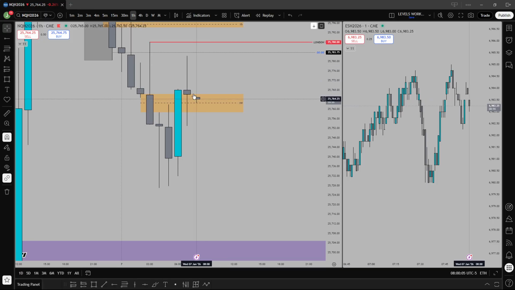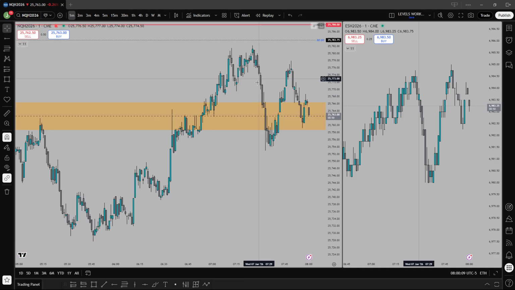So we opened a new hourly candle here at 8 o'clock.